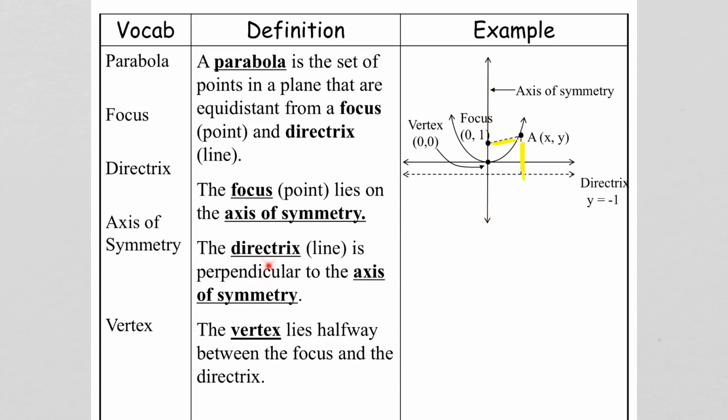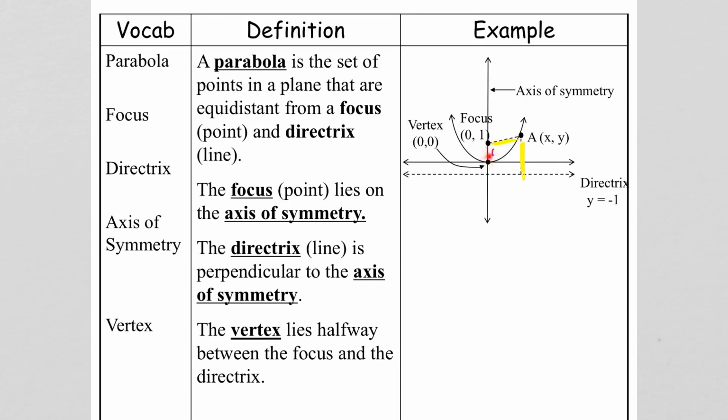There is also the directrix, which is a line perpendicular to the axis of symmetry. When you look at the diagram here, if we start at the vertex and go up a certain amount, that's how much it takes to get to the focus point. We want to travel that same distance below the vertex to get to the directrix line. My focus is at (0, 1), so the length there is 1.